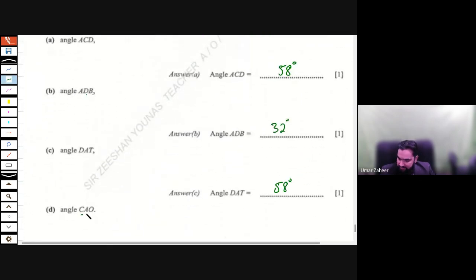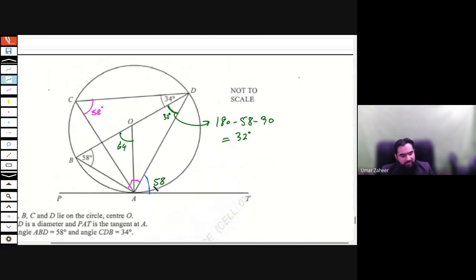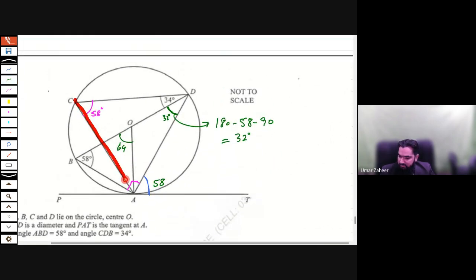Now the next angle is CAO. This is the angle that we need to find. How can we find this angle? We know that it is 32, right?